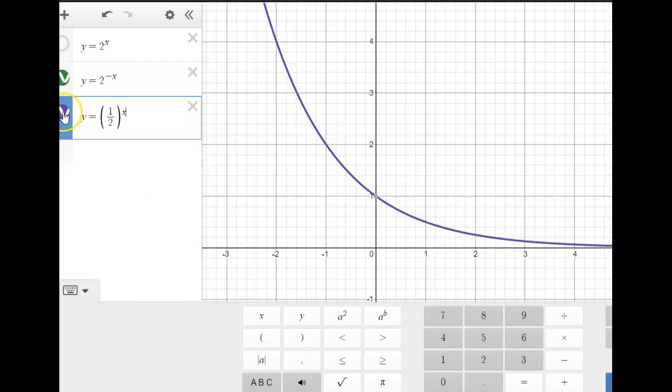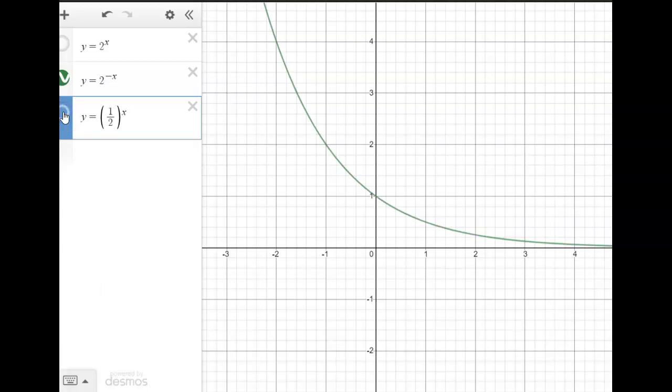So there's the 2 to the power negative x by itself. And then I'm going to graph 1/2 to the power x. So these two graphs are the same thing. And if I graph 2 to the power negative x, it will be there.